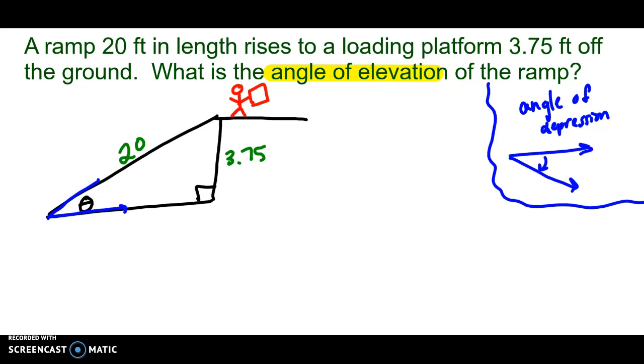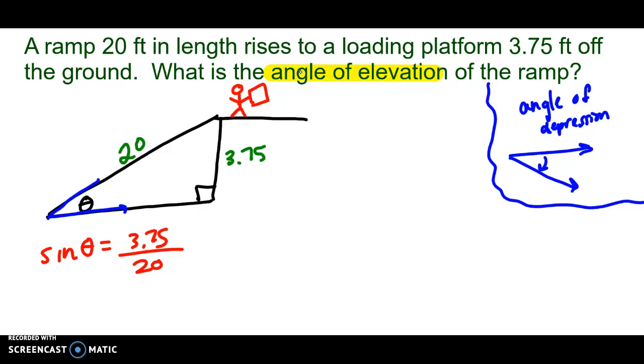So let's start by coming up with a trig equation here. Since we have theta, and we have a value for the opposite side and the hypotenuse, we're going to have sine of theta equals 3.75 over 20. But we're solving for theta. Here it doesn't specify if we want theta in degrees or radians.